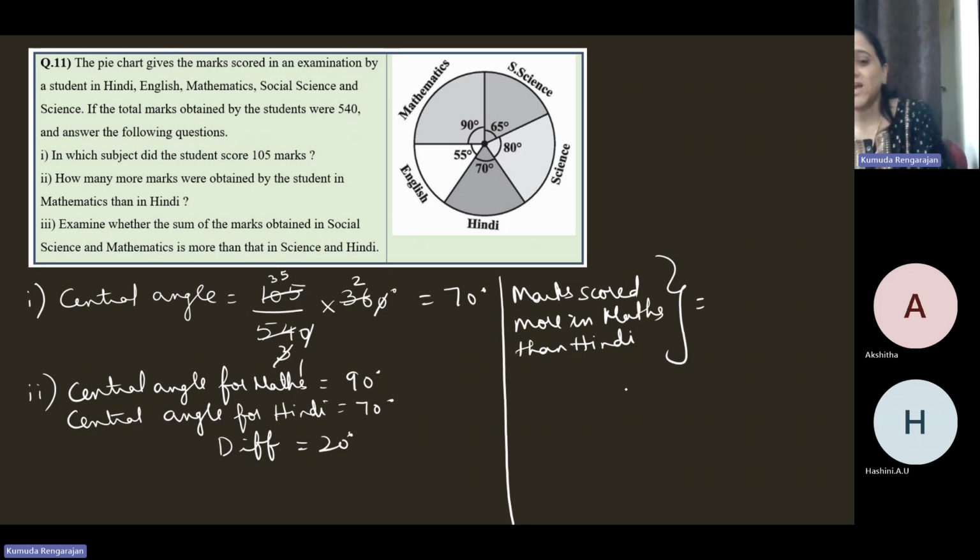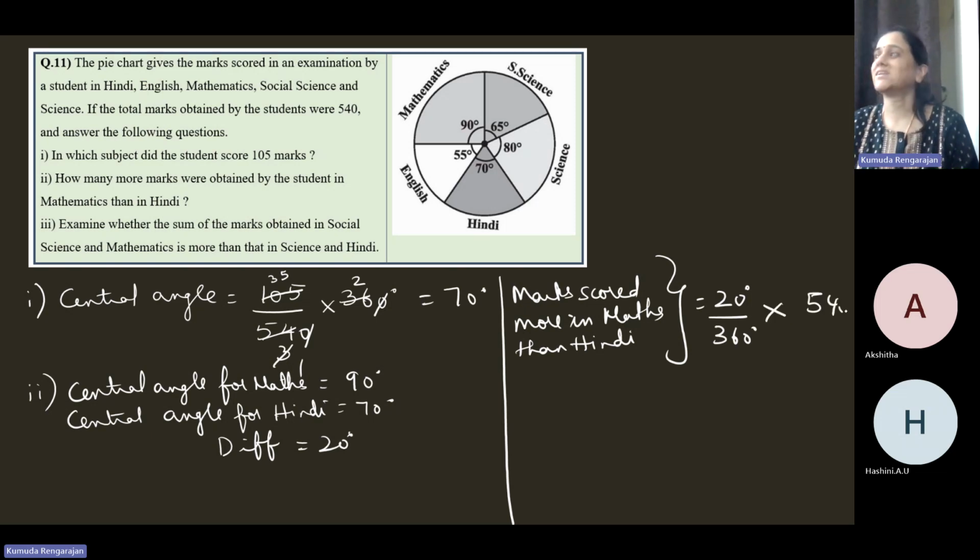This is the main part: 20 degrees is equal to 20 degrees out of 360 degrees into 540 marks. Degrees on top, so degrees below. Out of 360 degrees. Now what do you want? If you want marks, then into 540. Percentage, into 100. Degree, into 360. Marks, into 540, because here the total is 540.